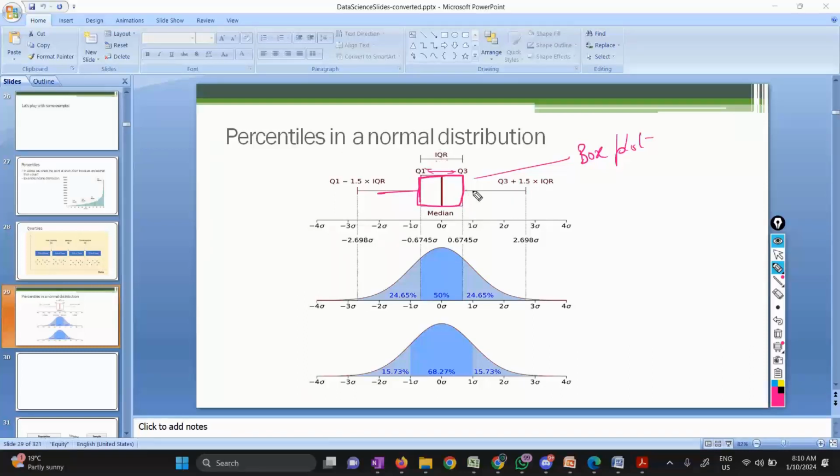Above Q3, there are some elements whose values, instead of just expressing in sigmas, you can say whatever the Q3 value here was plus 1.5 times the interquartile range, the difference between the values Q1 and Q3. Every data above this range, and inside this you will find all the data, all 100 points, but most of them are here.